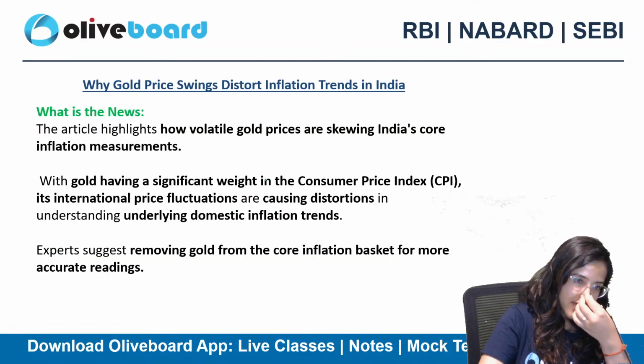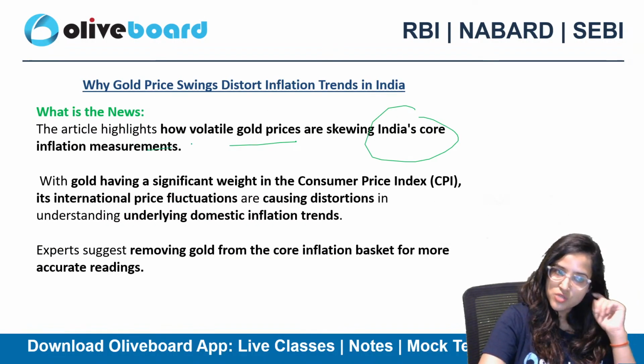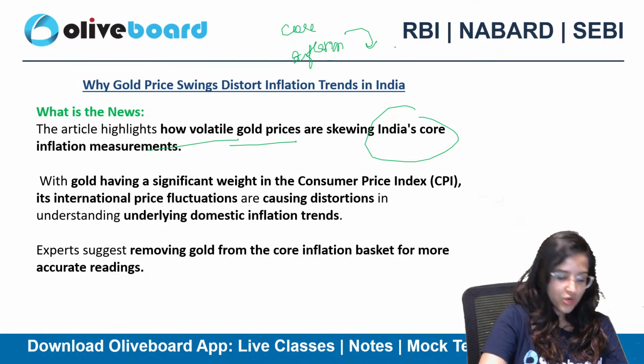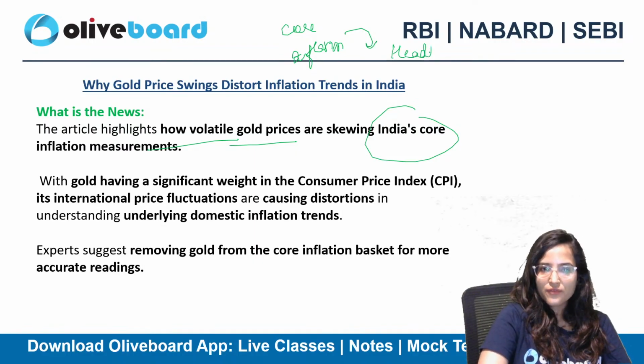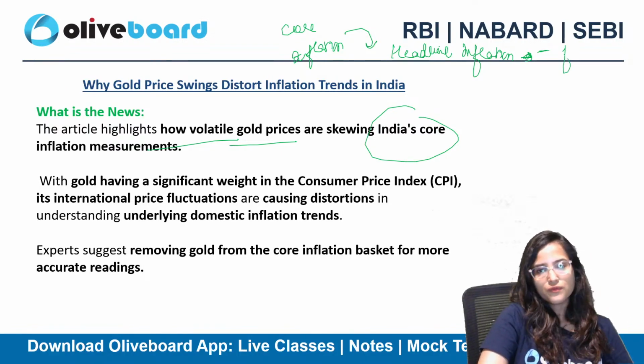So this article is highlighting how volatile gold prices are skewing India's core inflation measurements. How do we calculate core inflation? We subtract from headline inflation. What do we subtract? Usually, mostly food, fuel and energy.